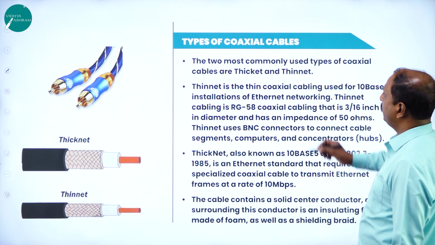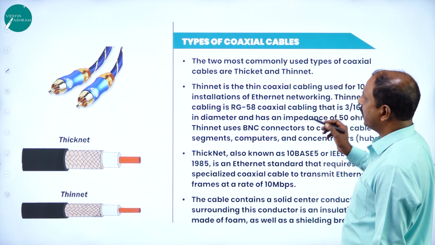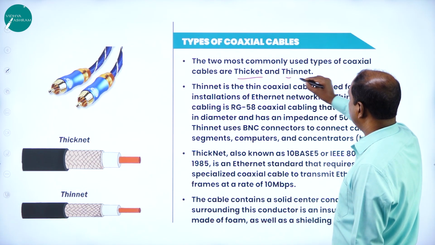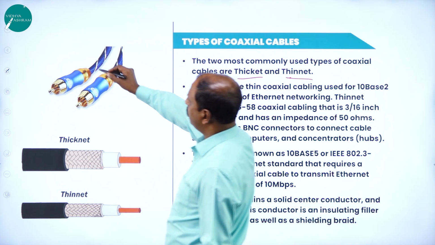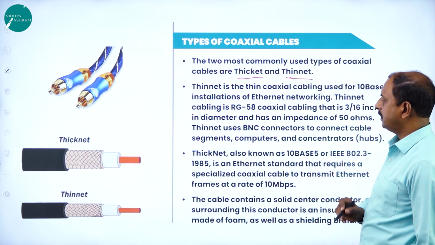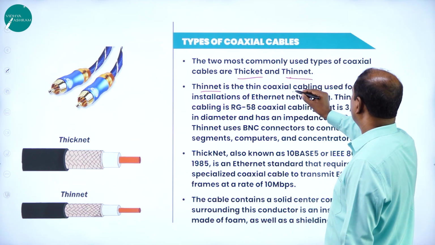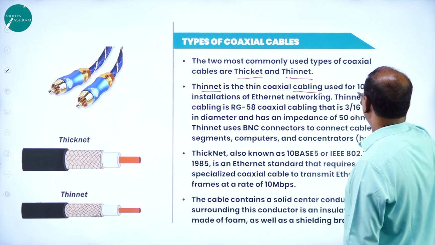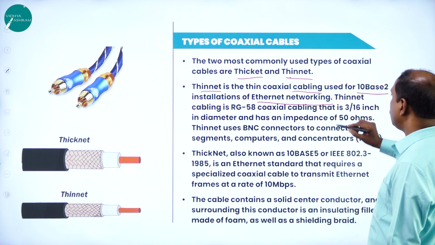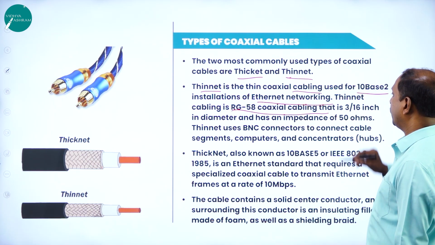Next, under coaxial cable, we have types of coaxial cable. One is thin net and the other is thick net. See, this is generally the cable we use. The thin net cable is a thin coaxial cable used for the 10Base2 standard of Ethernet networking, and it comes with the RG58 coaxial cabling connector.